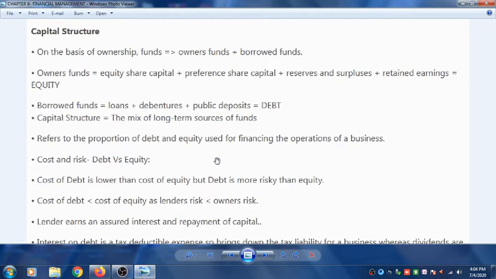Now lender earns an assured interest and repayment of capital. So all those people who have given the money, that is the loan, debentures or public deposit, they get an assured interest and then repayment of capital also.